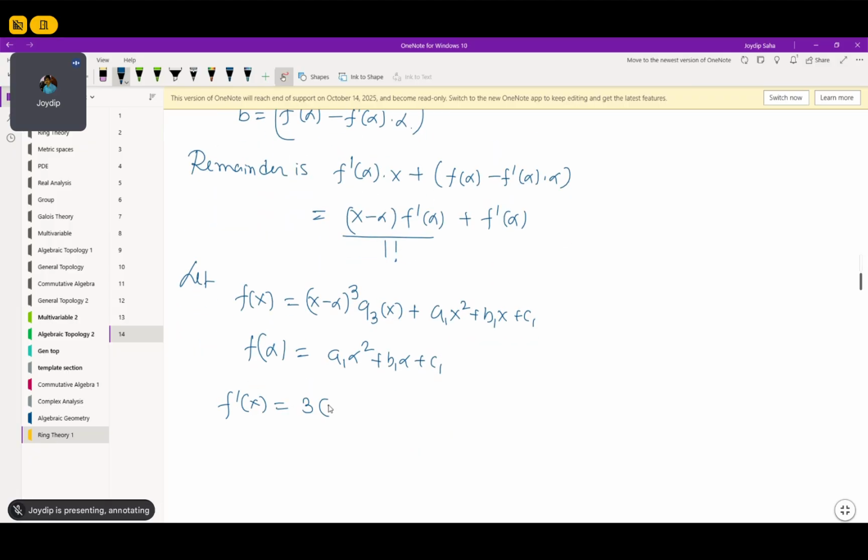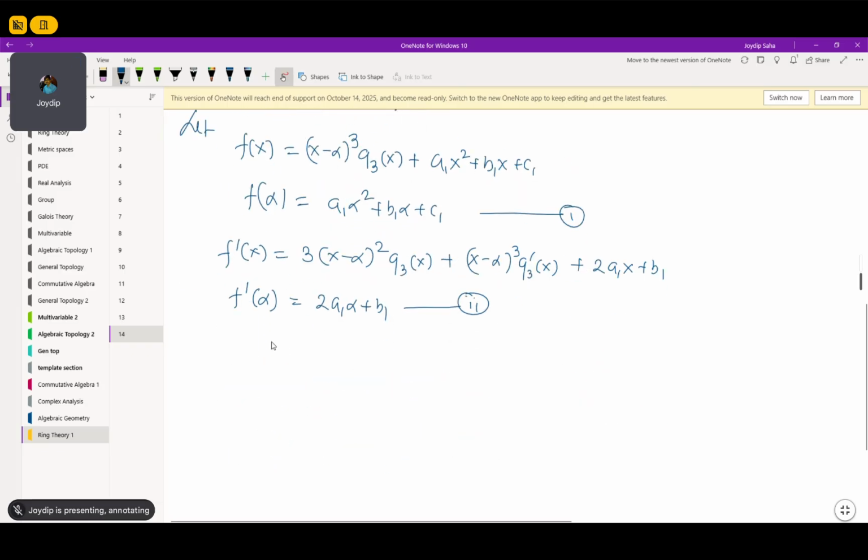That is 3(x - alpha)^2 q3(x) + (x - alpha)^3 q3'(x) + 2a1 x + b1. So f'(alpha) is 2a1 alpha + b1, call this number 2.